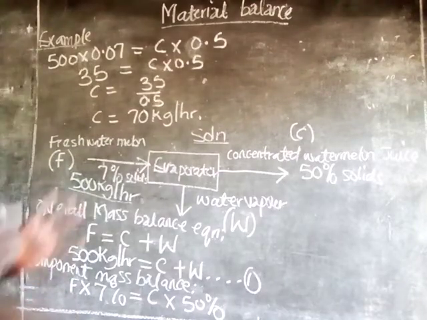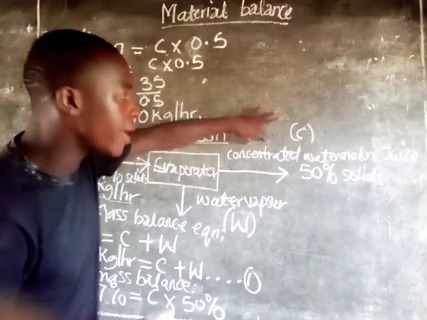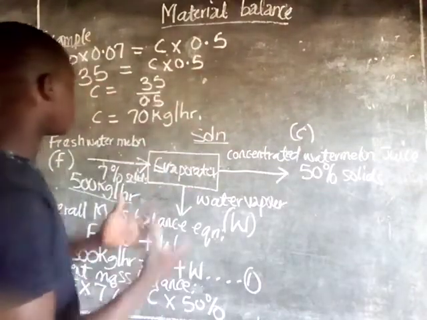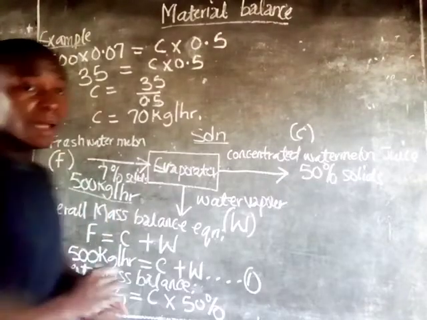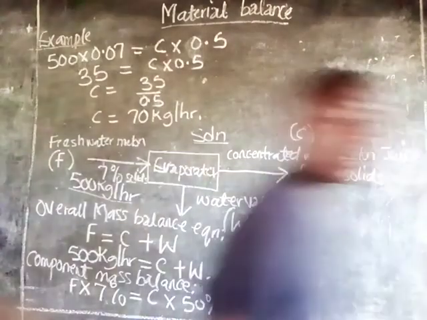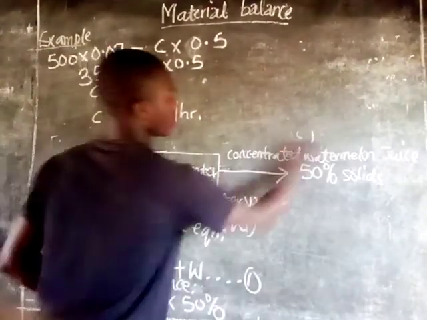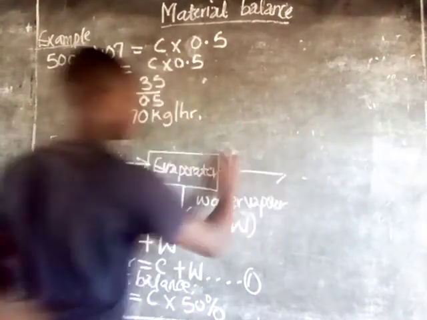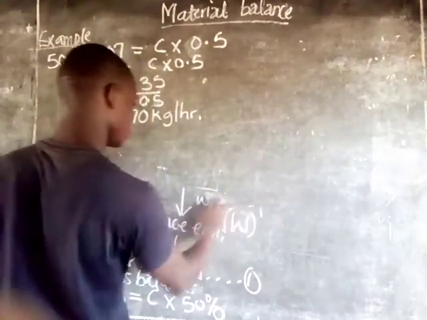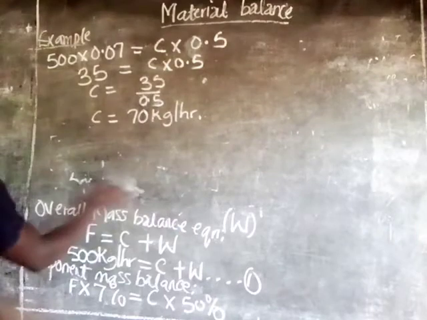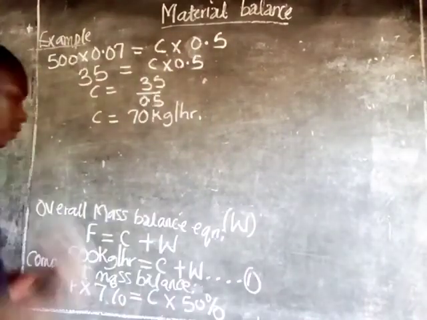And so the amount of concentrated watermelon juice is now what? 70 kilogram per hour.